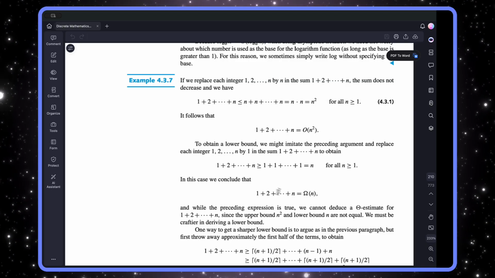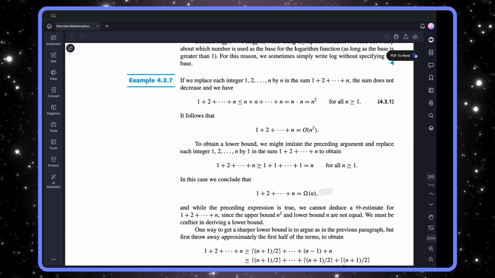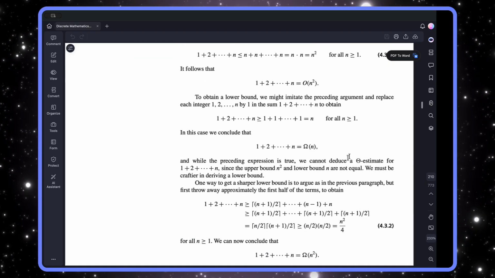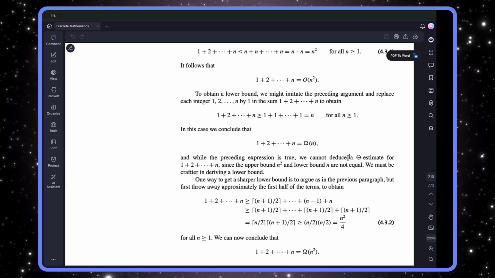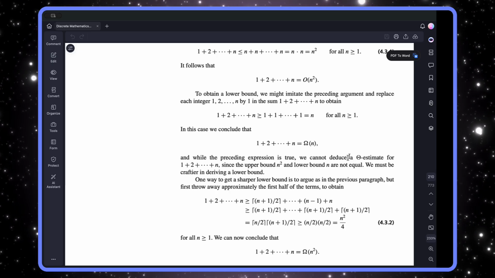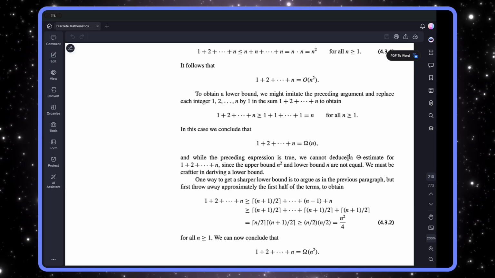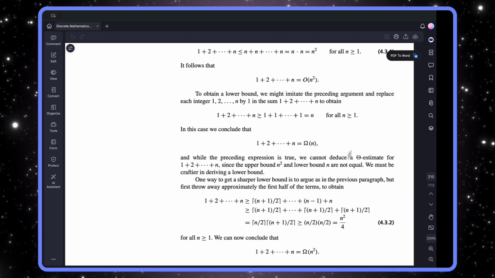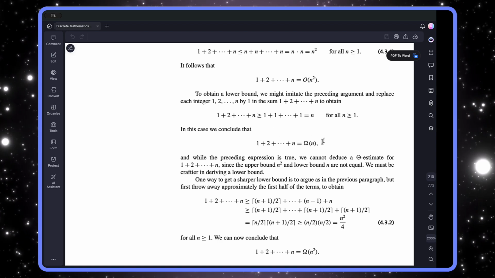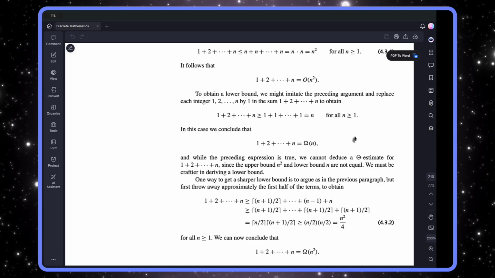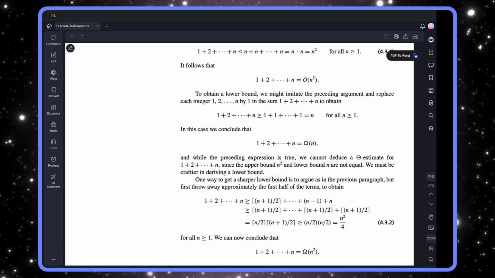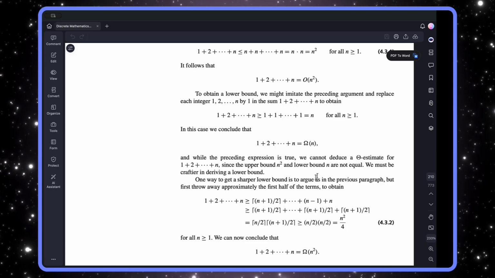So in this case, we would conclude that this thing is omega of n. But notice that since those two are not equal, we can't conclude by this argument that they grow as n squared. Sometimes you have to be a little bit sharper. We have to get a better approximation.